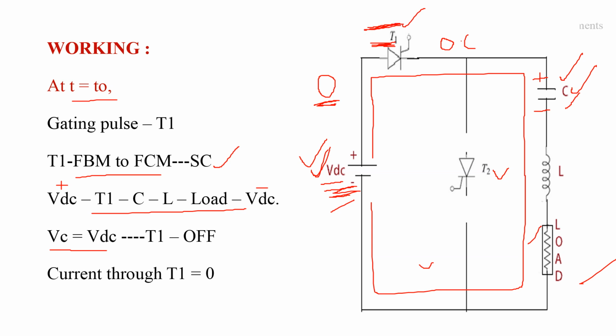Whenever the current flowing through thyristor T1 becomes 0, thyristor T1 comes to the off state. That is class A commutation. Whenever VC is equal to VDC, the current through thyristor T1 becomes 0, because the potential difference between VDC and capacitor C is 0. So thyristor T1 automatically comes into the off state.